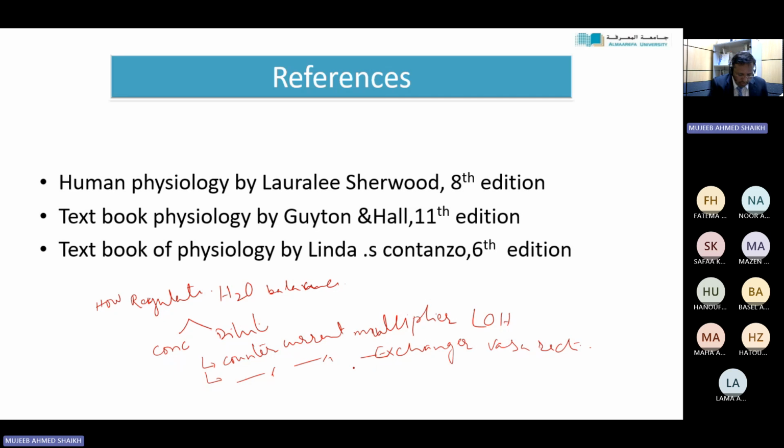These two together will work along with ADH, that is antidiuretic hormone, to cause the formation of either diluted urine or concentrated urine. In the second half of the lecture, we have seen how the micturition reflex operates, and how the control mechanism works from the local, that is the sacral region, as well as from the higher center.